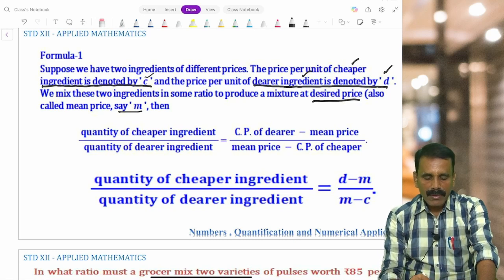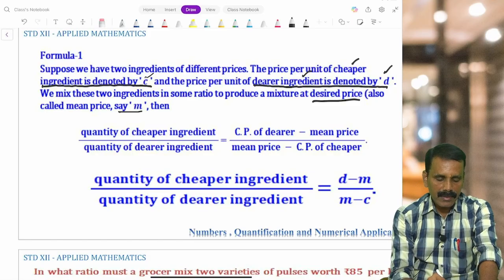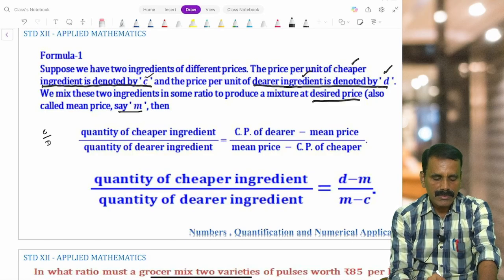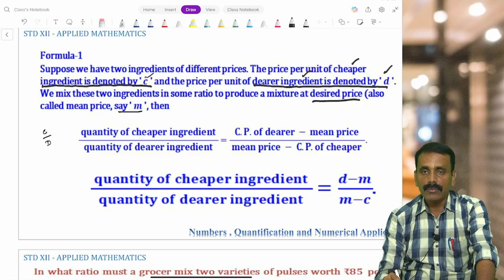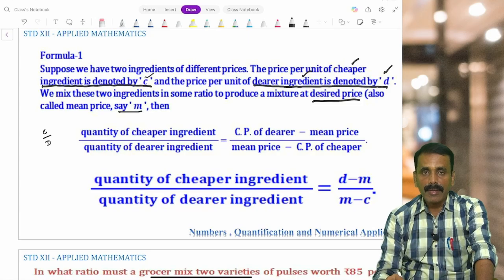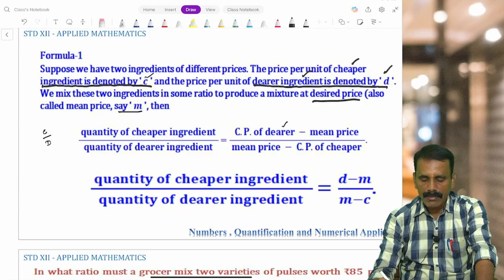Quantity of cheaper ingredient divided by quantity of dearer ingredient. So cheaper is in the numerator and dearer is in the denominator. It is equal to cost price of dearer minus mean price of the mixture, divided by mean price minus cost price of cheaper. So dearer is going to be in the numerator and cheaper in the denominator.